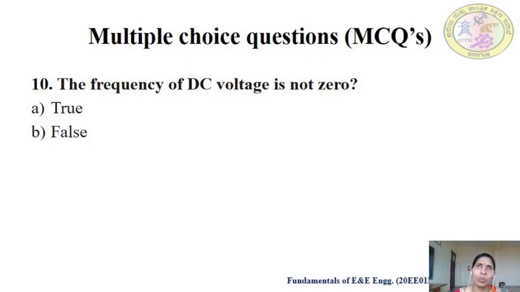That means it has both positive and negative cycles. But in DC, direct current, it is always a straight line, so there is no possibility of frequency in DC circuits. Therefore, the answer is false.